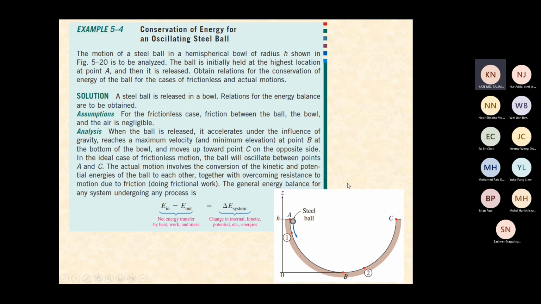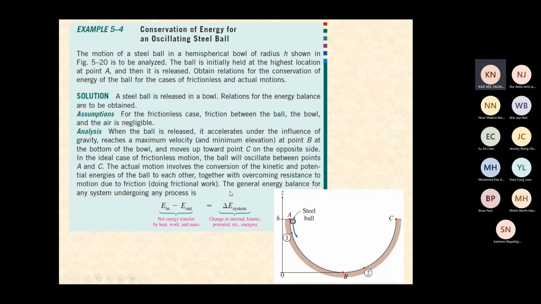In this case, energy in minus energy out, the net energy transfer, if heat is generated, work is done and mass flow varies, then E in minus E out is equal to delta E system.